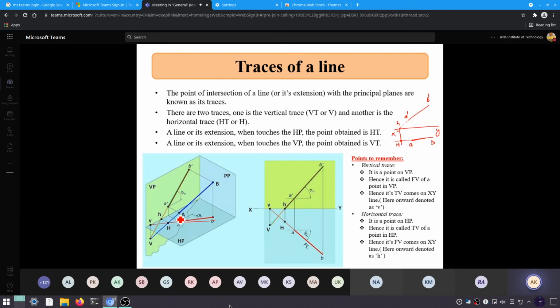Okay. And if you look at this, our capital V point. So this line, if you see this true line which is going to meet capital V over here. Okay. So this line is making theta and phi with both vertical plane and horizontal plane.